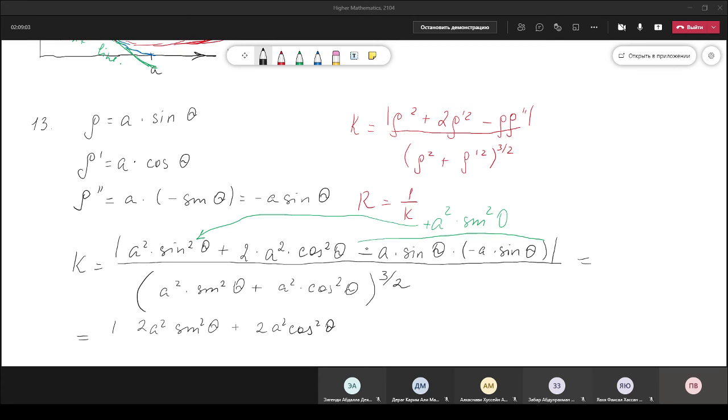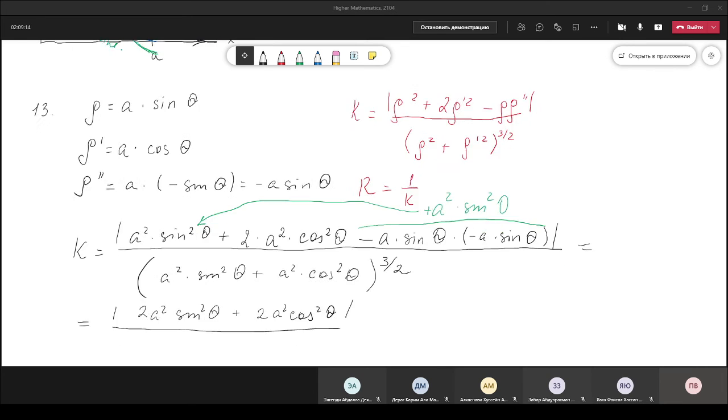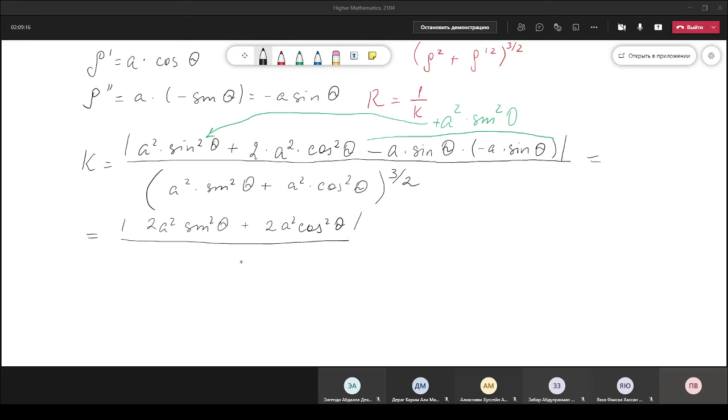And 2a squared plus cosine squared of theta, just rewrite. Here we can take a squared out of the bracket. In the bracket stays sine squared of theta plus cosine squared of theta. Close, 3/2. Calculate. In the numerator, take 2a squared out of the bracket.